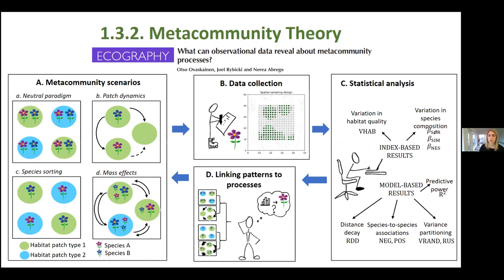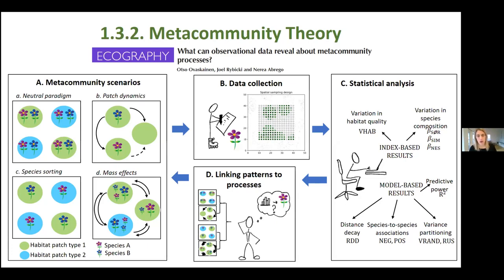So the aim of this virtual ecologist was to try to link the patterns that she found in the data that she collected to the meta-community scenarios, but we didn't tell her what were the different scenarios that we simulated.